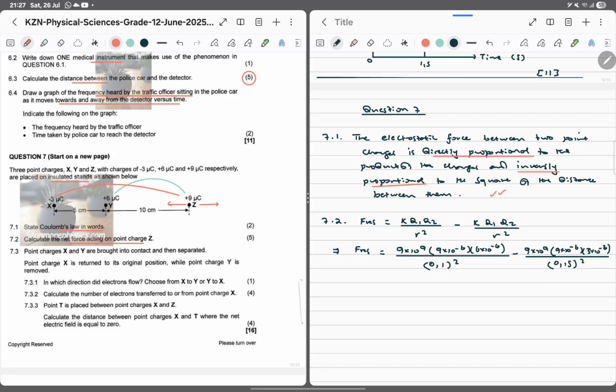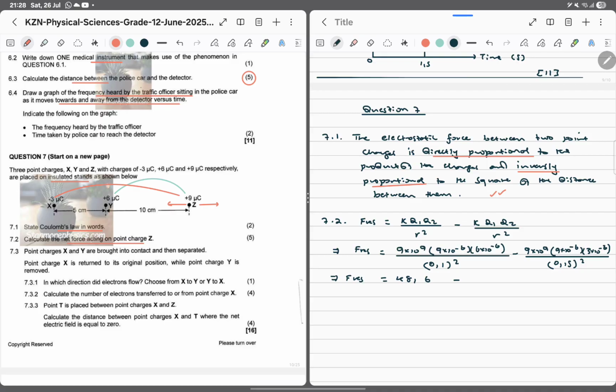So this one gives us 48.6, minus, we do the other one. So this is 9 to the 9 into 9 to the minus 6 into 3 to the minus 6 divided by 0.15 squared.